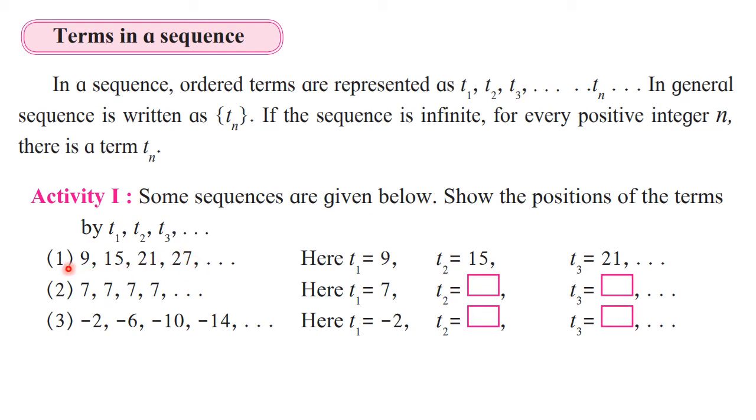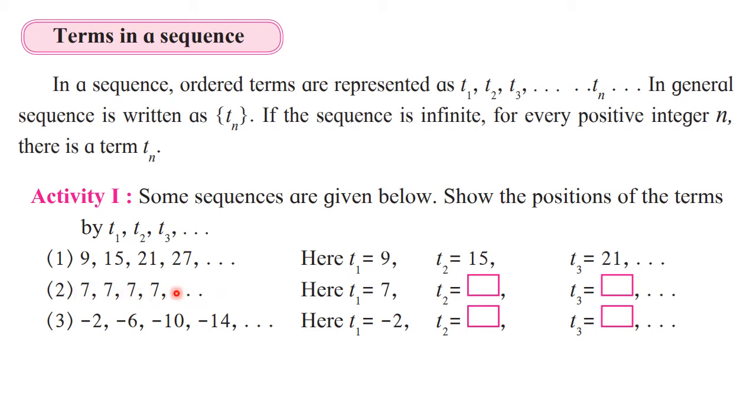That means here we get the next term by adding 6 to the previous term. So here the first term, that means T1, is 9, second term T2 is 15, third term T3 is 21 and so on.